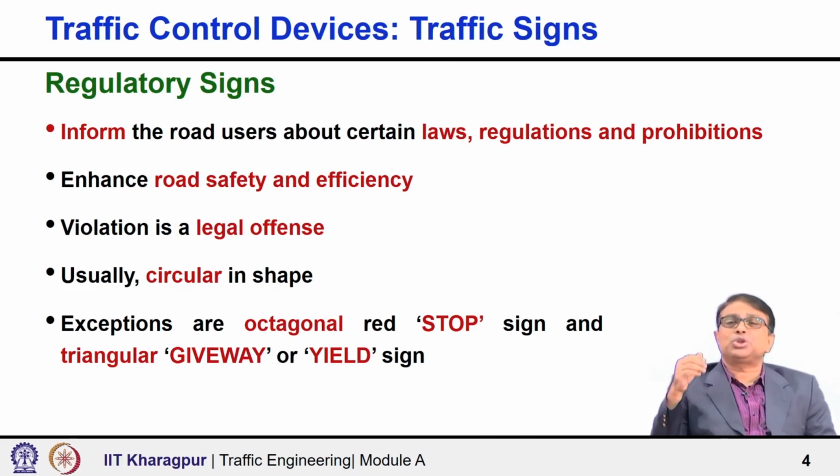But even without stopping, you can slow down, and if there is a suitable gap, you can still proceed without a complete stop. But if a stop sign is there, you have to stop, then look for a gap, and then proceed. So, you can understand clearly the stop sign is more stringent. Wherever we still find safety issues, even after installation of a give way sign, we install a stop sign.